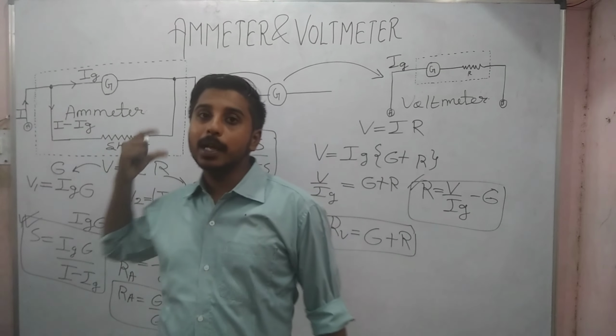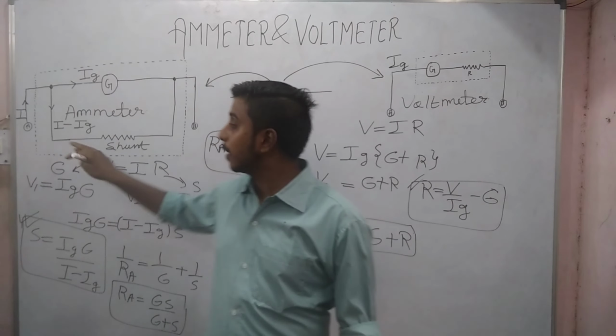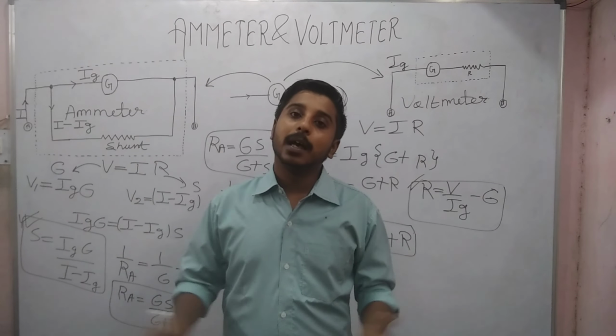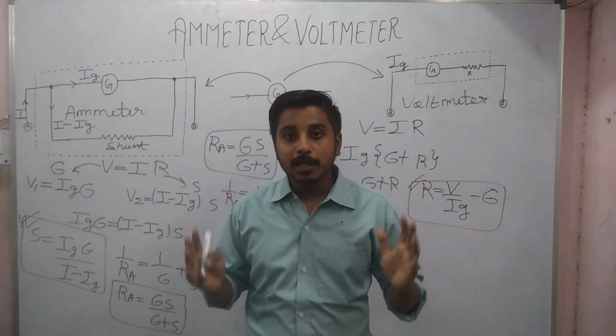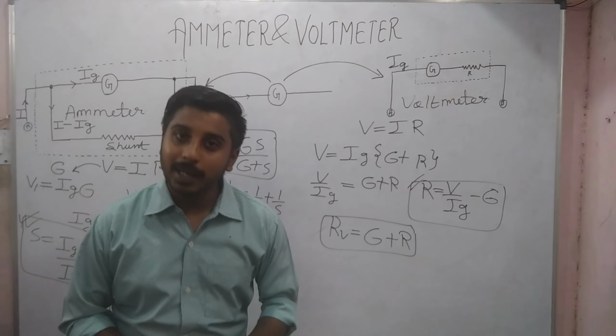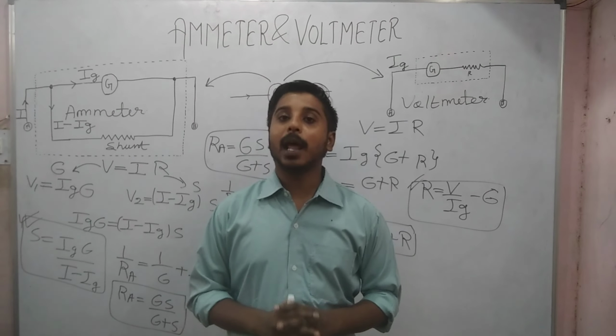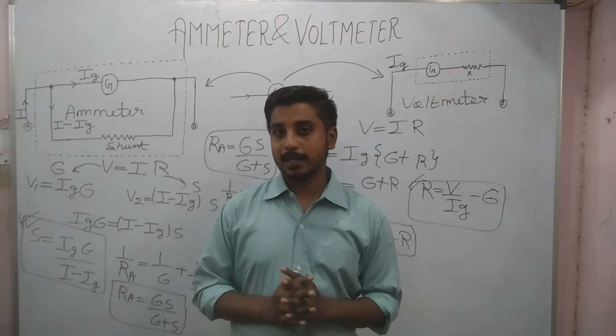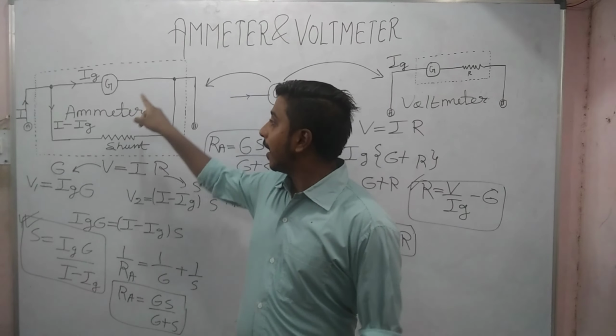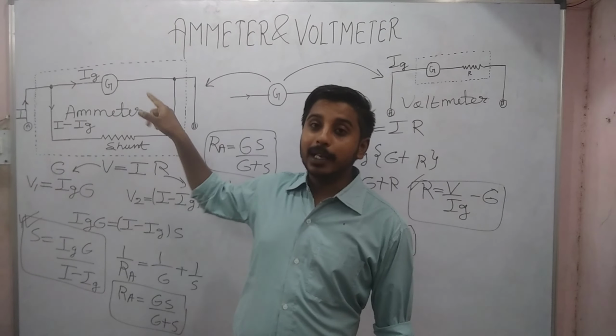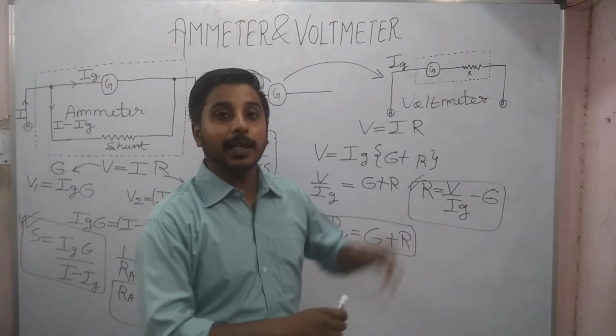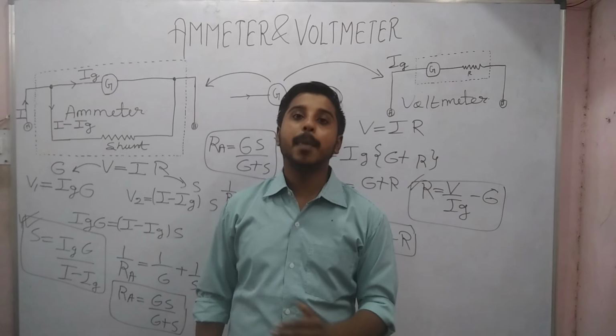Since the ammeter resistance is very small, the ideal ammeter has resistance 0, while the voltmeter resistance is very large, so the ideal voltmeter has infinite resistance. The ammeter is connected in the circuit in series, and the voltmeter is connected in the circuit in parallel.